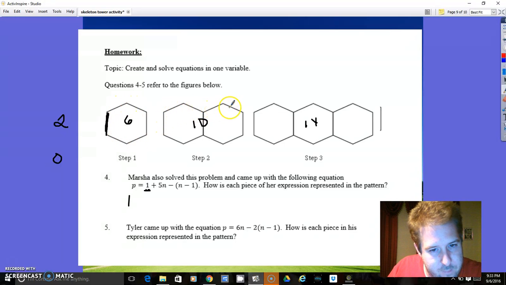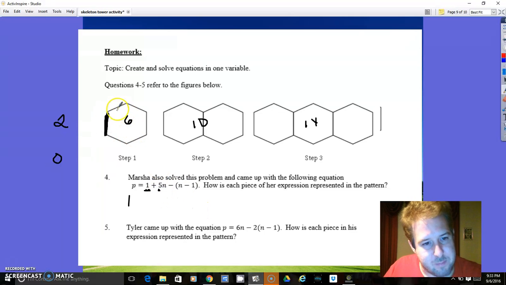Okay, so what's really happening to her is that it's 1 to begin with. 5 is the amount of sides that's being added. So when you add the next one, this 1 was already here, and all you're doing is adding 1, 2, 3, 4, 5 in order to create that next hexagon.